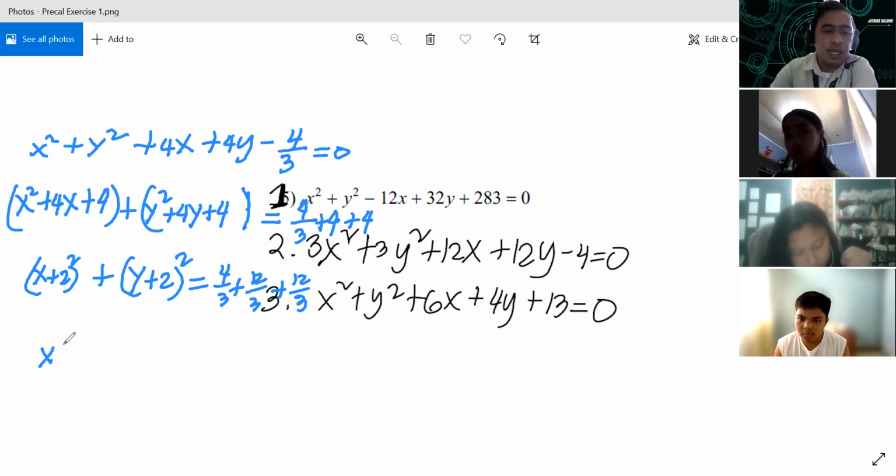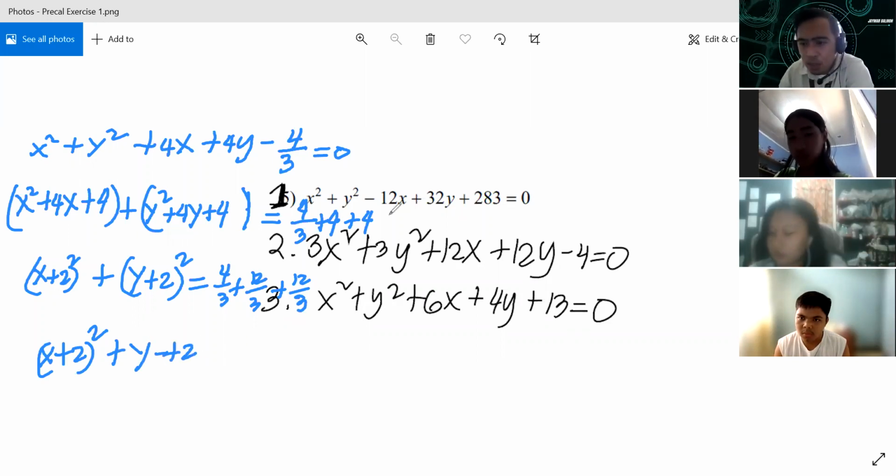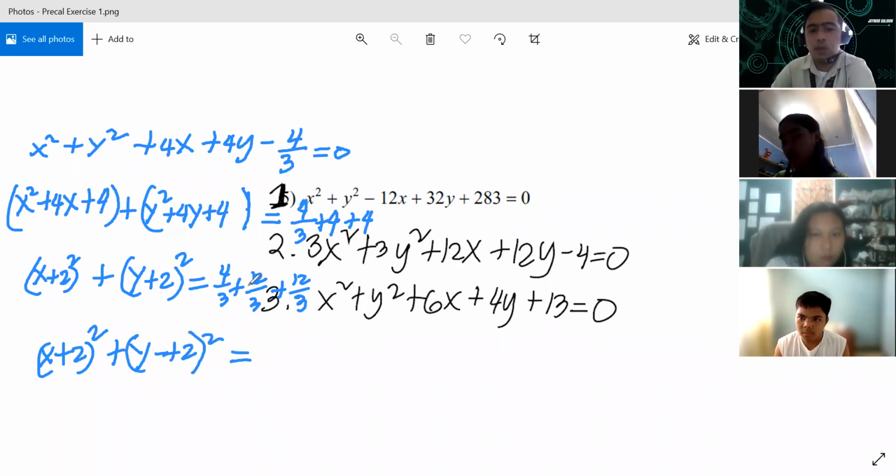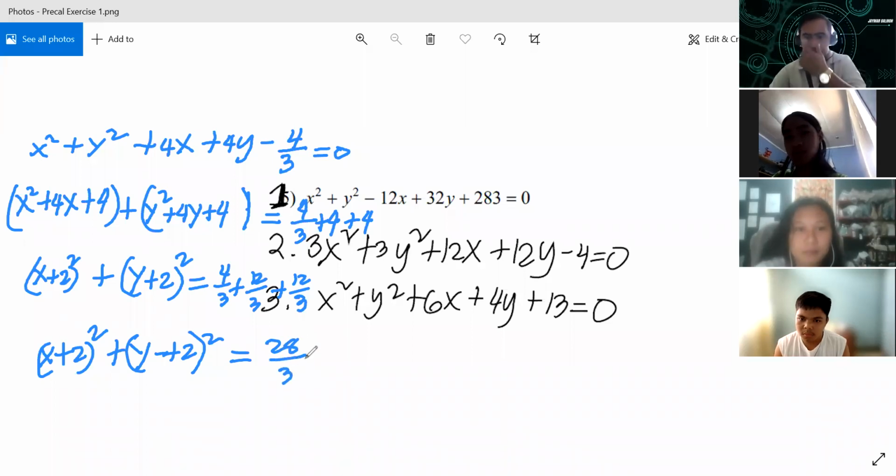So it becomes now x plus 2 squared plus y plus 2 quantity squared equal to, if you add the numerators, 24 plus 4, 28 over 3. Okay? Right, class?